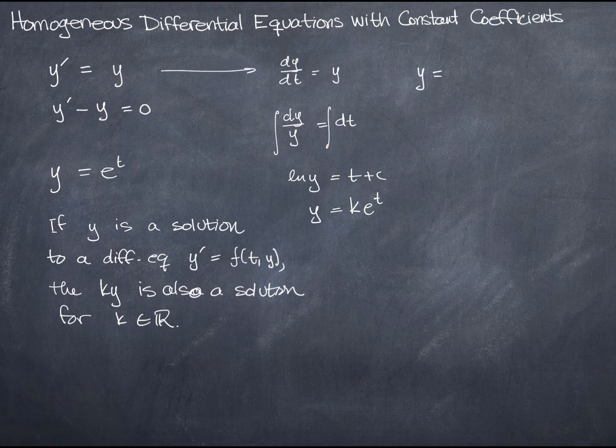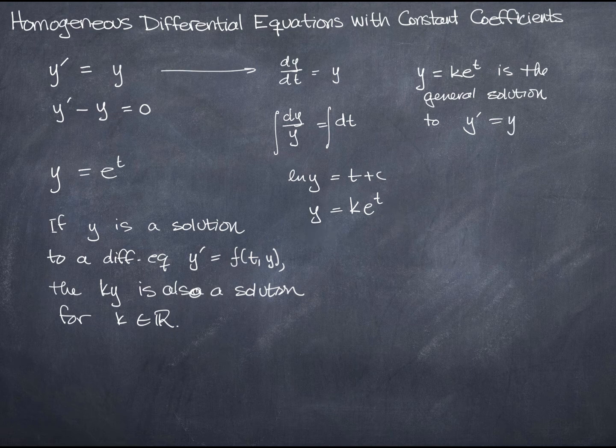So in this case, y equals k e to the t is the general solution to the differential equation y prime equals y.